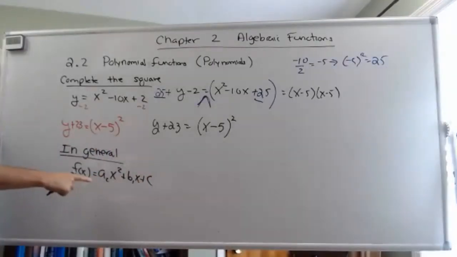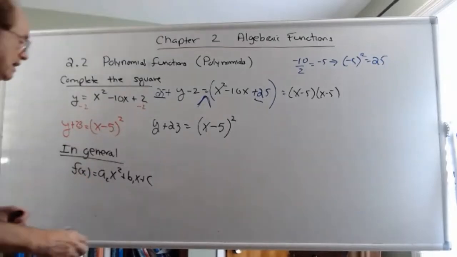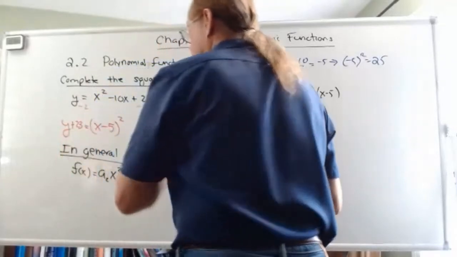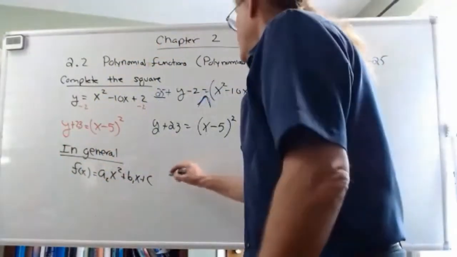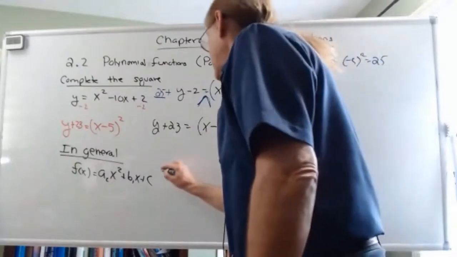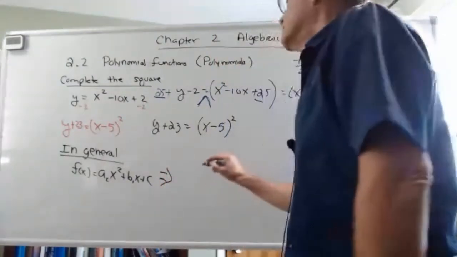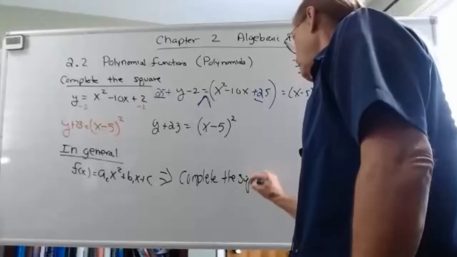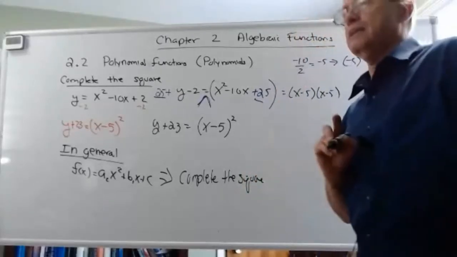You can start with any quadratic polynomial function, and I can rewrite it in the following way. I can write it over here, because I can move this 23 over if I wanted to. And you can complete the square. So you can take this function, and you can complete the square and rewrite it in this way.